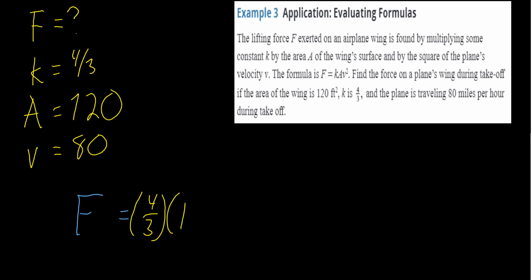So 120. And then my velocity is 80, and remember, velocity is squared. That's what we see here. Velocity is squared. And so at this point, we just have to plug all this into our calculator. So it's 4/3 times 120 times 80 squared. 80 squared, which is equal to, what is a big number?